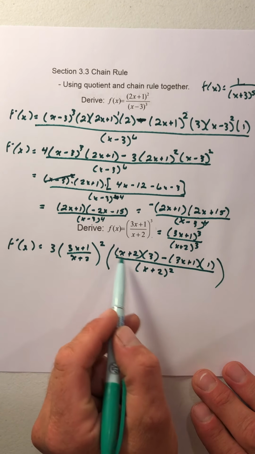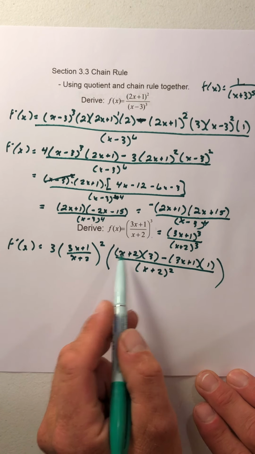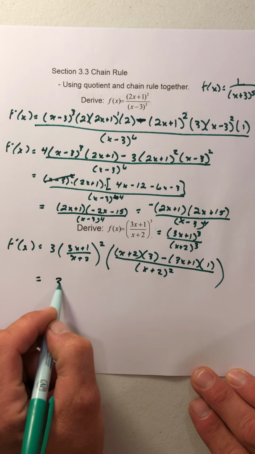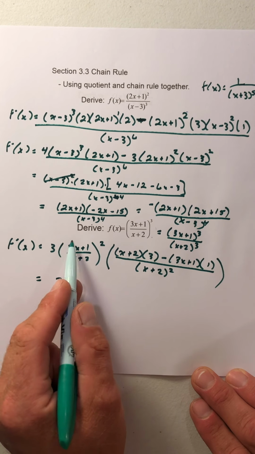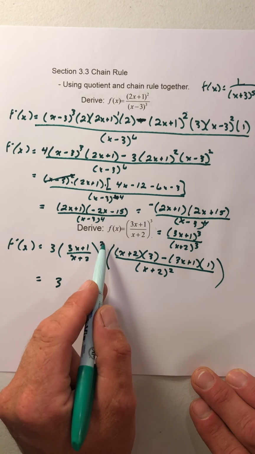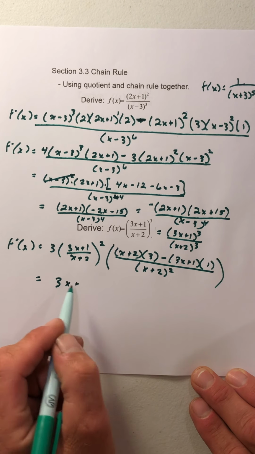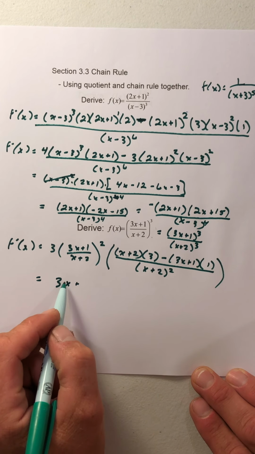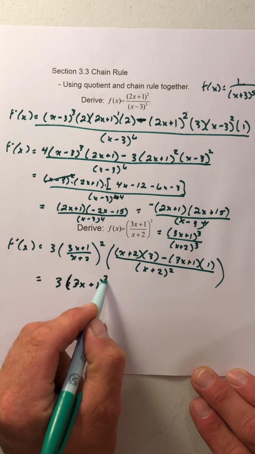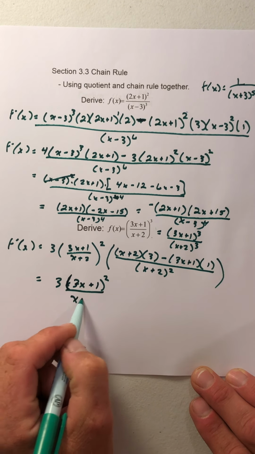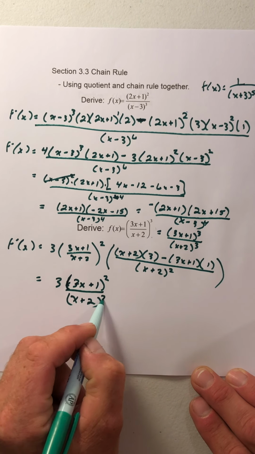Now we can go ahead and clean up inside this big set of parentheses. So I'm going to leave my 3 up there. I'm also going to break this big rational portion to the second up. So we have 3 times (3x plus 1) to the second, and that's over (x plus 2) to the second.